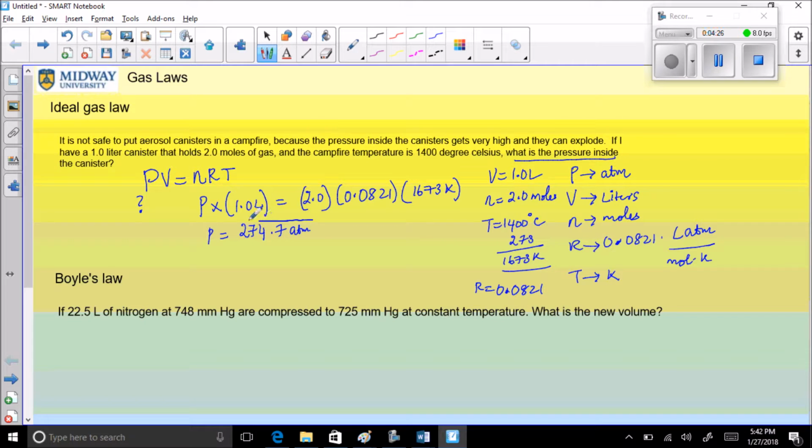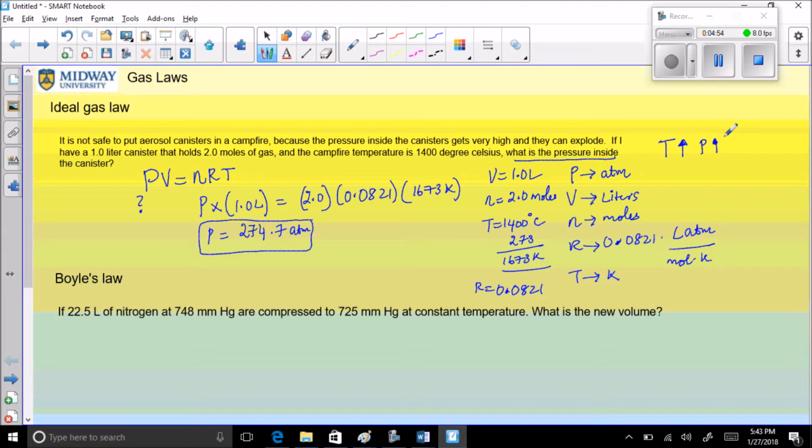That's significantly high pressure, which is why you're told, whenever you buy an aerosol container, that you cannot put it in flame or keep it near temperatures that get very, very hot. This is the ideal gas law, but it directly applies Charles' law, which is, if temperature increases, your pressure increases.